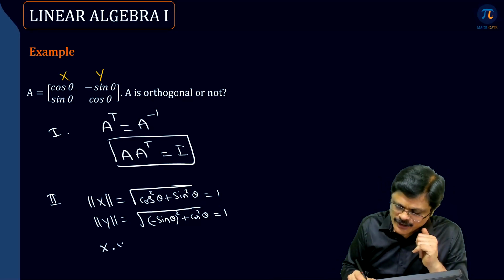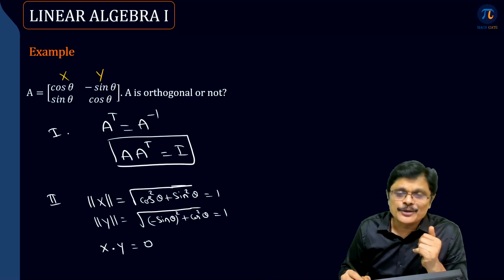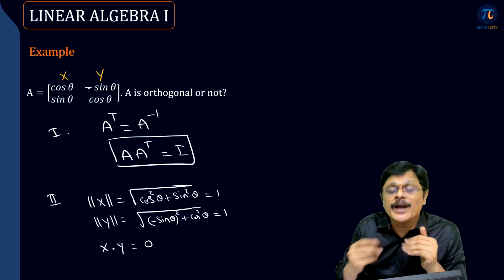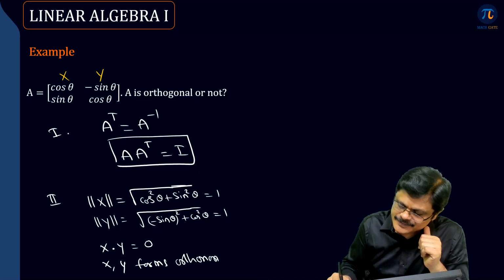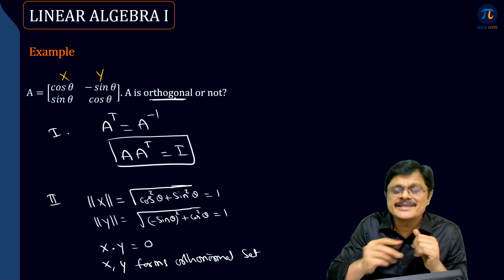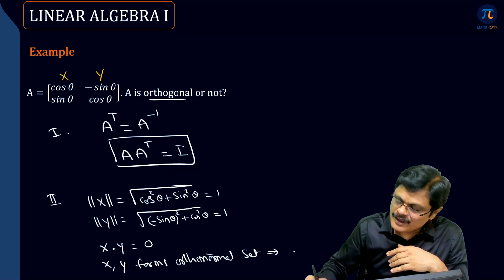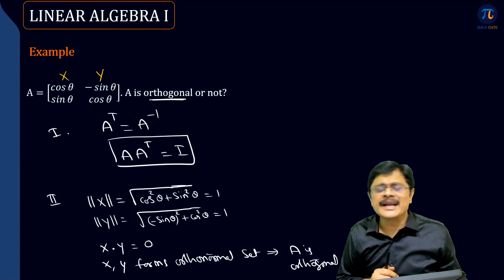And what about the dot product? Minus cos theta sin theta plus sin theta cos theta, which is 0. Because the columns form an orthonormal set, we conclude this matrix is orthogonal. Therefore, matrix A is orthogonal. Is the idea clear?